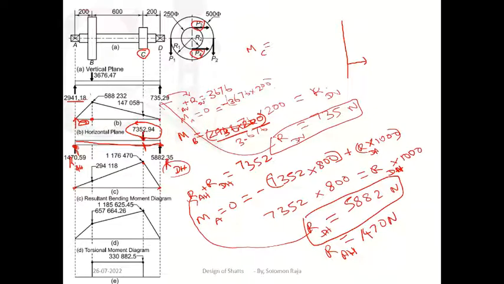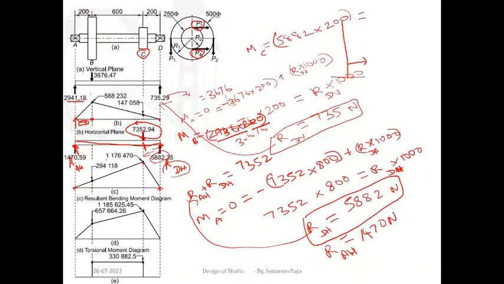I am taking this side. Okay. So this side, what force is acting? 5882, and distance between 5882 and the point C is 200. So 5882 into 200. That's all.